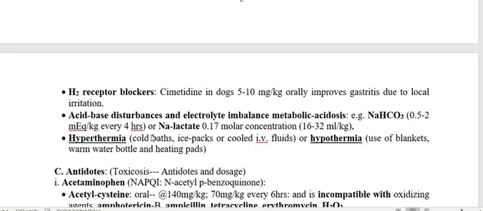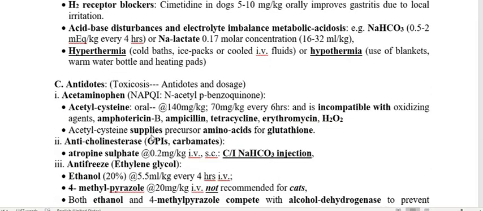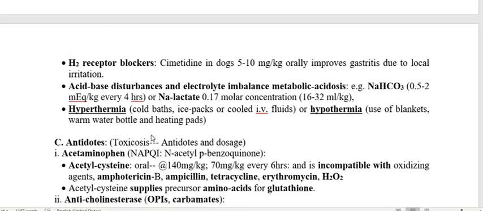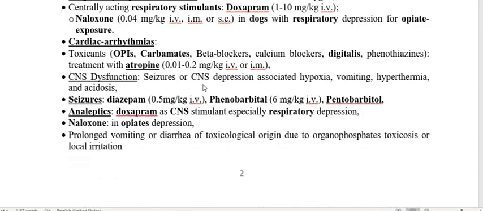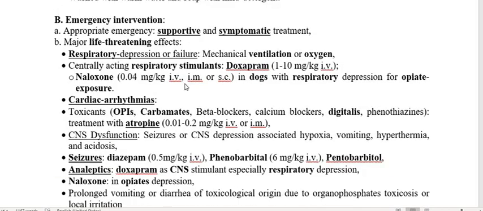So this is the general way of treatment as per the symptoms you are getting. Now we have to go through the antidotal therapy. Earlier we mentioned that in this case we treat as per the symptom.